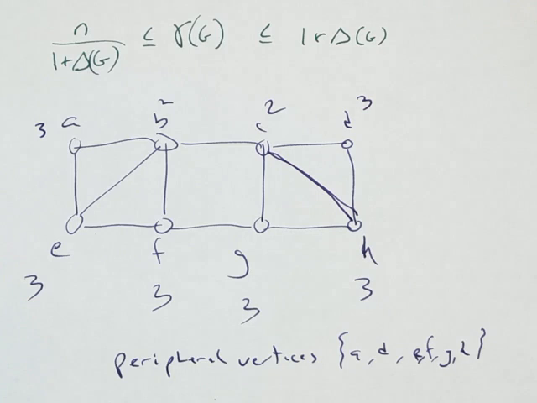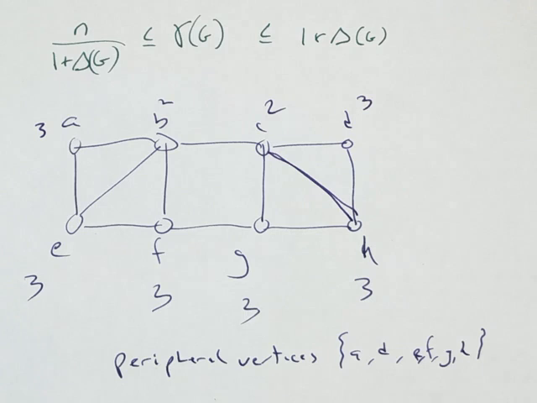So, is there any vertex here whose distance to B matches the eccentricity of that vertex? No.